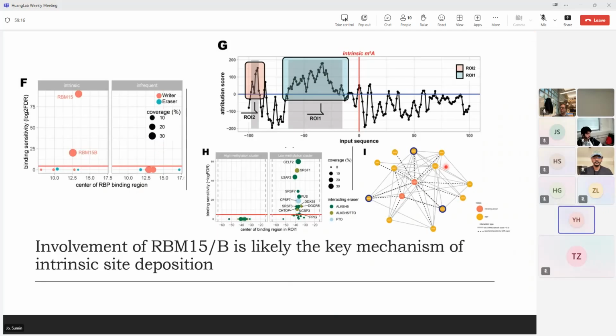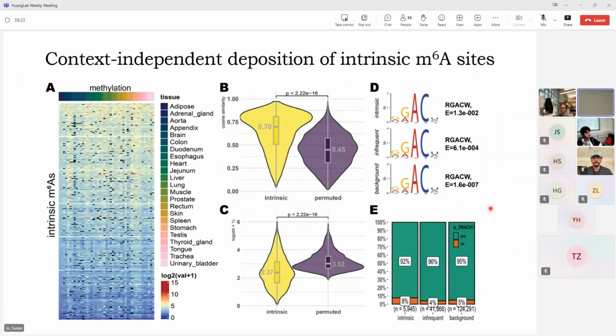So your goal here: previously you found that METTL3 and METTL14 are the main writer complex, as in the case of all m6A methylation, right? But the question is, if the main methylation writers are the same as for all m6A, how do you explain that these so-called intrinsic sites are always being methylated across the tissue types?